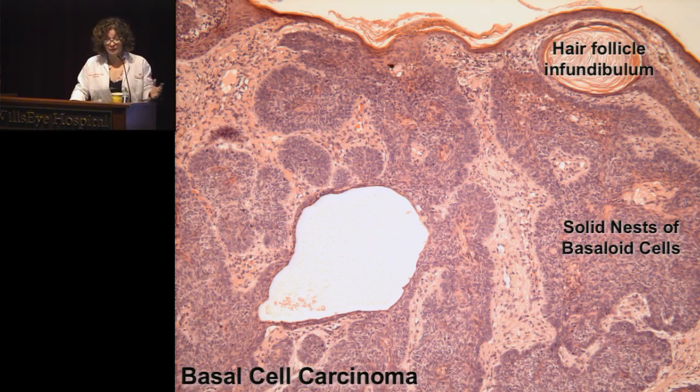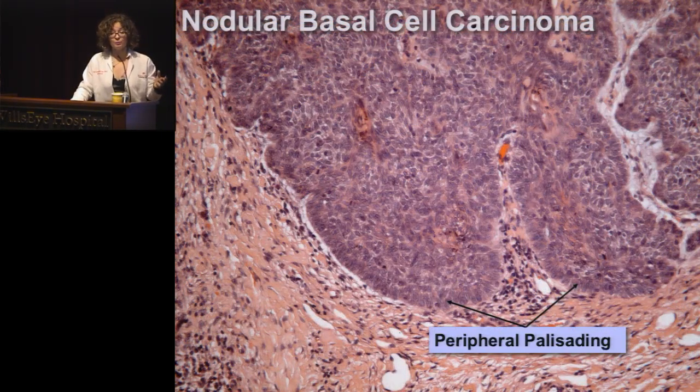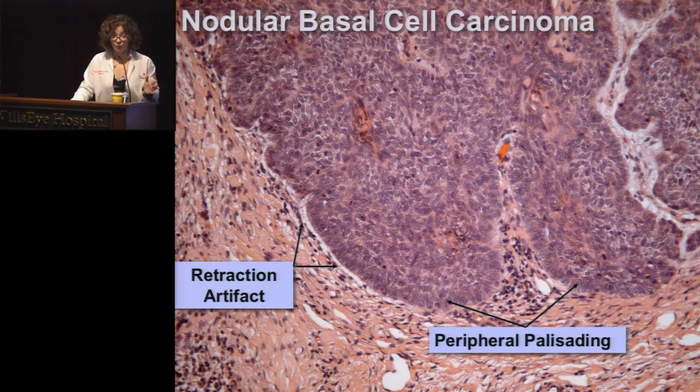And being reminiscent of the hair follicle infundibulum, you can see how the tumor looks blue, has polygonal architecture, has characteristic peripheral palisading where the cells arrange perpendicularly to the surrounding stroma, and has characteristic retraction artifact of the nest of the tumor from fibrotic and desmoplastic stroma.